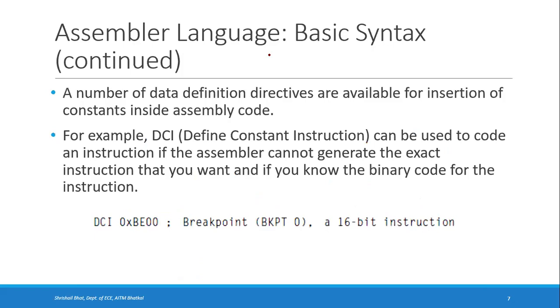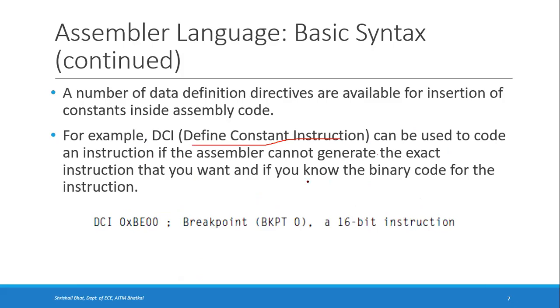Apart from this, a number of data definition directives are also available for insertion of constants inside the assembly code. For example, there is one more directive, DCI, which stands for define constant instruction. This is used to code an instruction if the assembler cannot generate the exact instruction that you want.